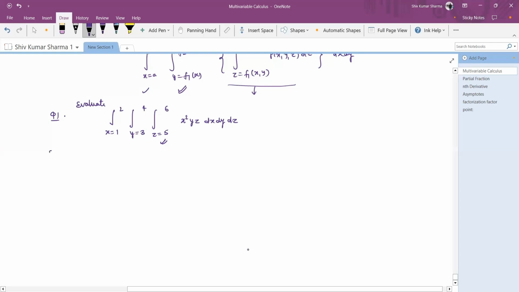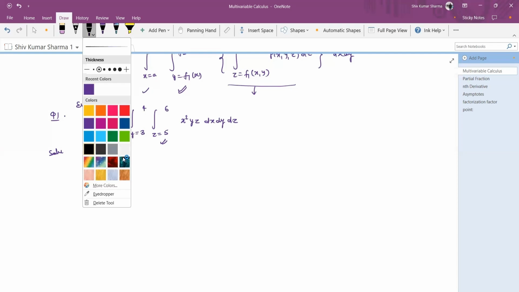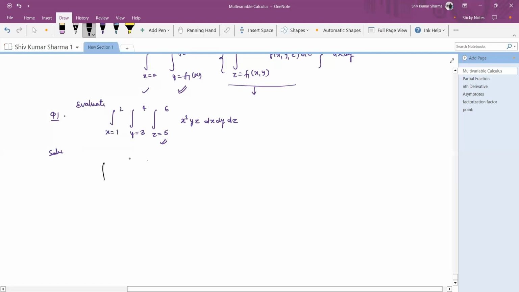So when we integrate with respect to z, we write the limits y from 3 to 4. The function is given as a product, so we take x square into y outside the integral. We write z equal to 5 to z equal to 6, z into dz, and dx into dy.